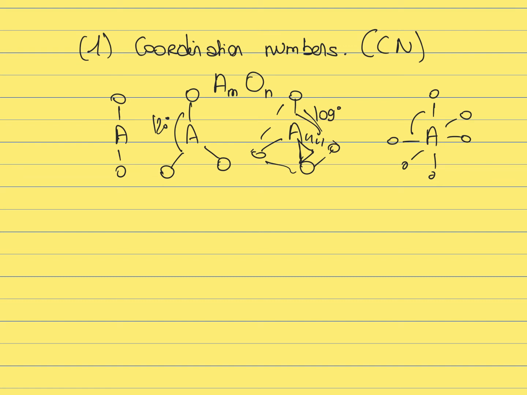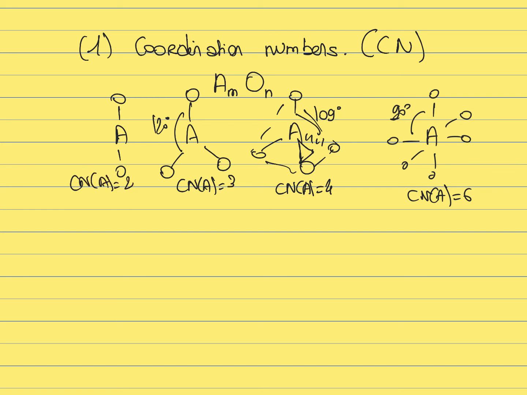So in this case, you would have an angle of 90 degrees between the oxygen and the central cation atoms. So the coordination number of the cation would be 6, 4, 3, or 2.